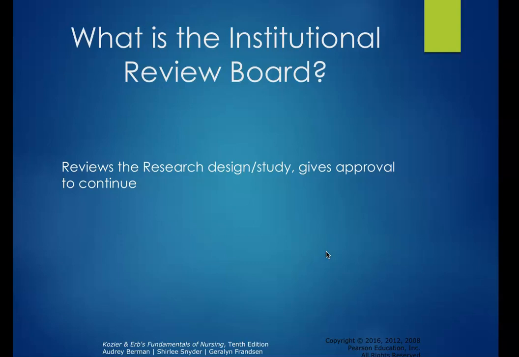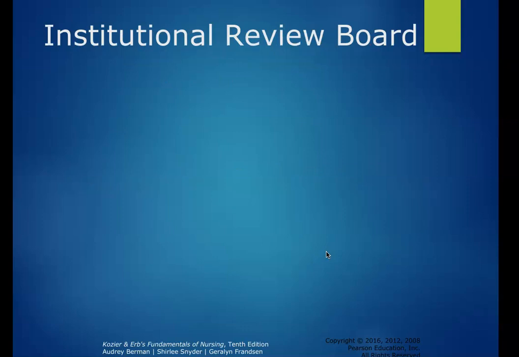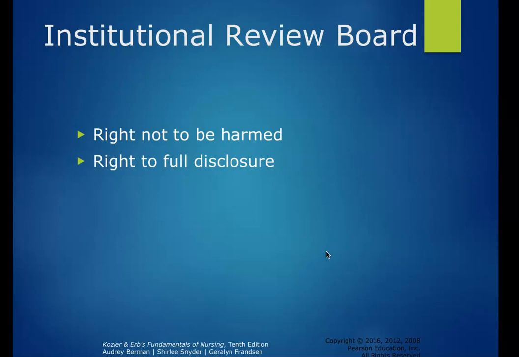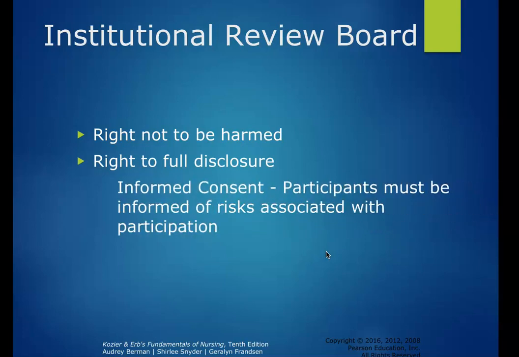There are also, in chapter 2 of your book, rights that the patient has, and the Institutional Review Board makes sure that all research lets patients know they have the right not to be harmed. They have the right to full disclosure, so they give informed consent. There might be a risk involved, so participants need to be informed of the risks associated with participating.